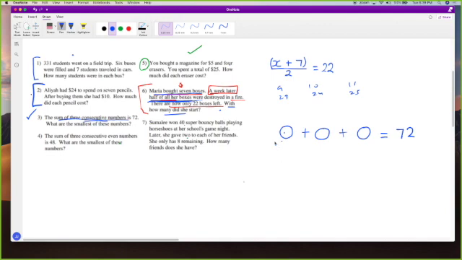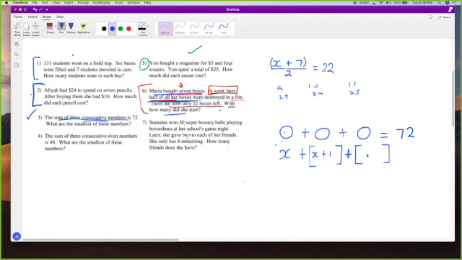If the smallest number is what you want to find, well then that'll be x. Then this number is the number after x. So this will be x plus 1, and this number is the number after x plus 1.